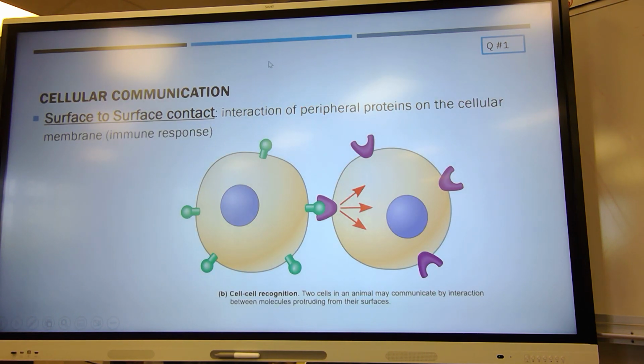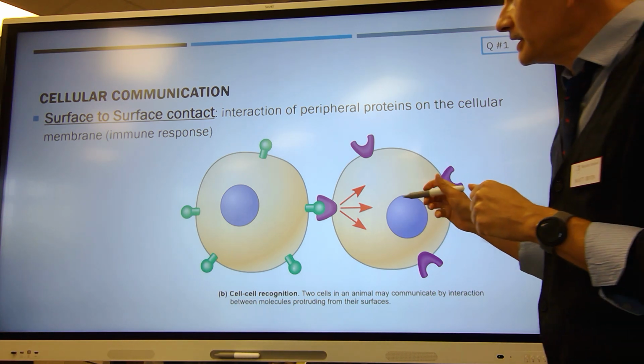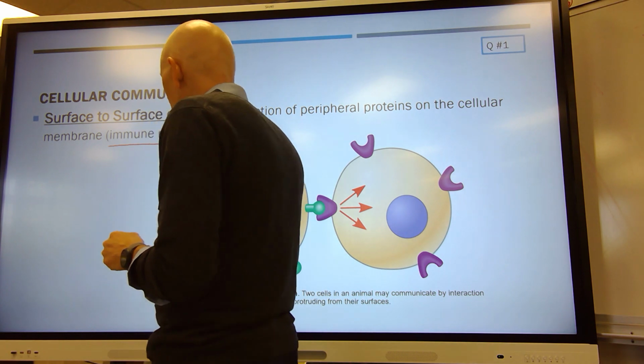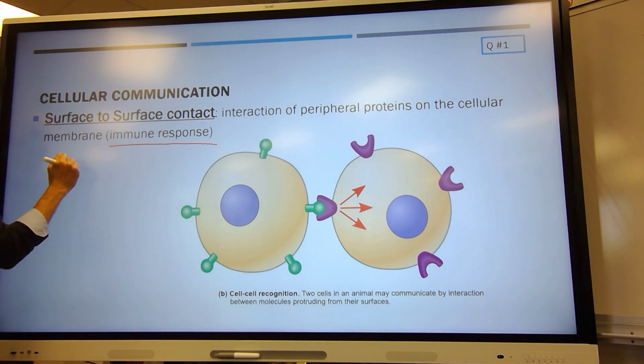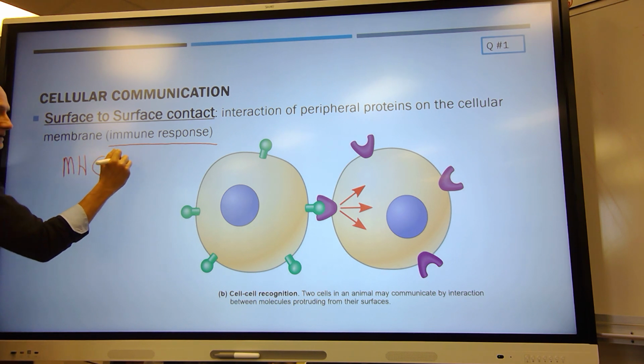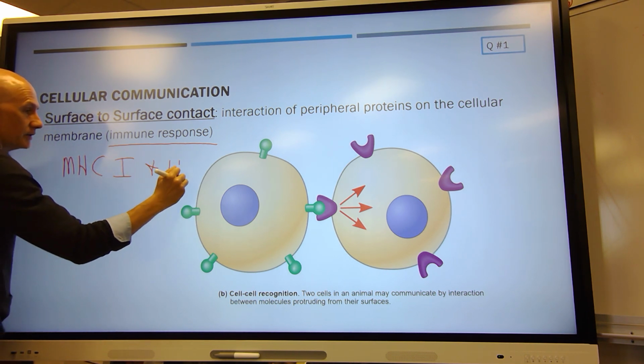We also have surface-to-surface contact where the cells are binding to each other. The main place where we see this is in the immune response with the major histocompatibility complexes 1 and 2.